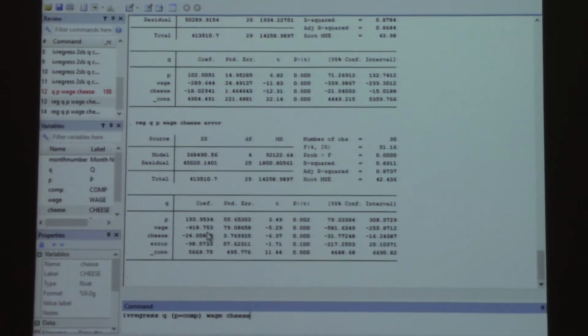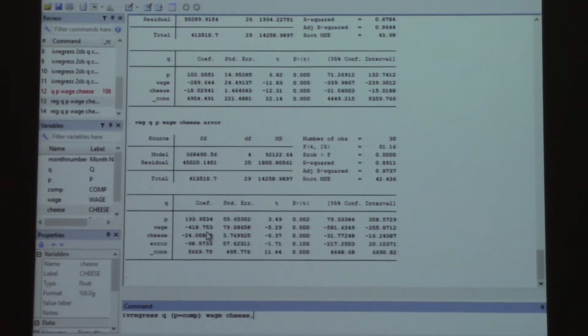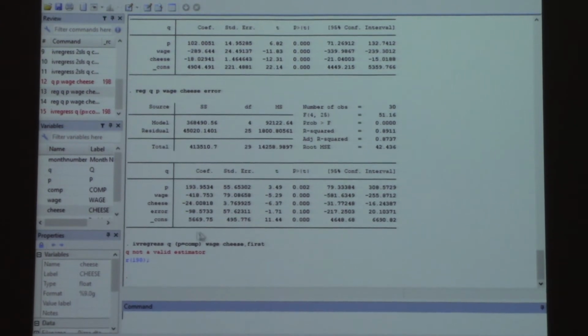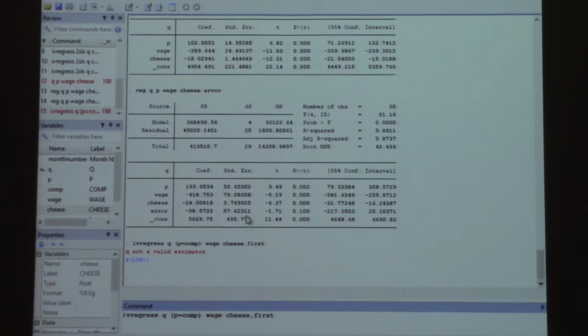Let's look at the first stage. Oh, I forgot to put two-stage least squares. That's relatively new, by the way. Before, you didn't have to put that.